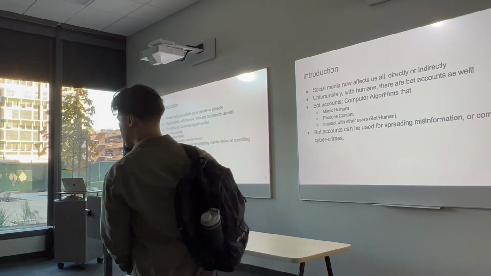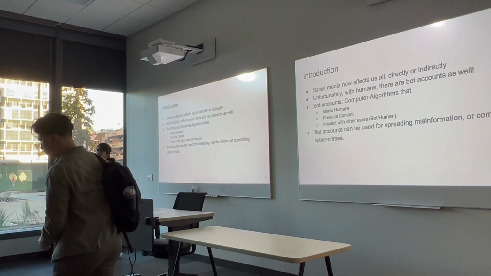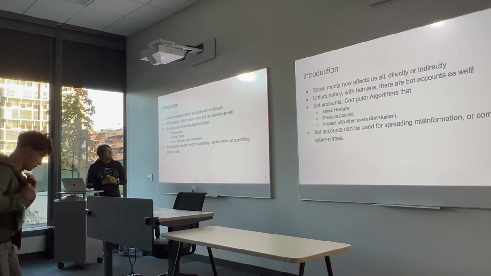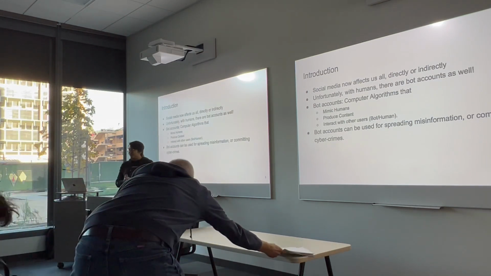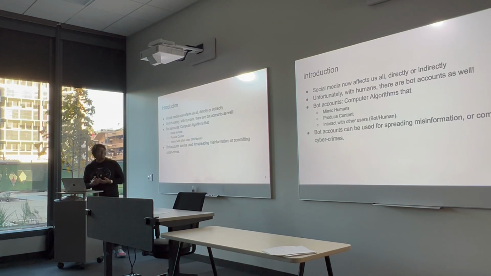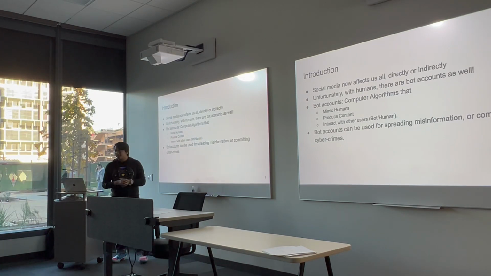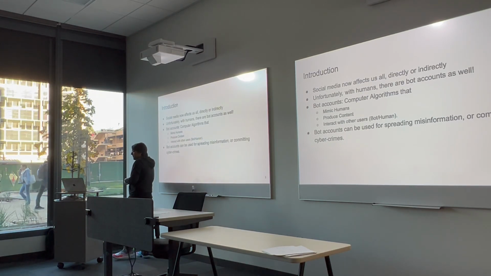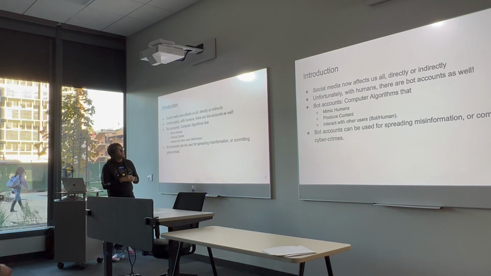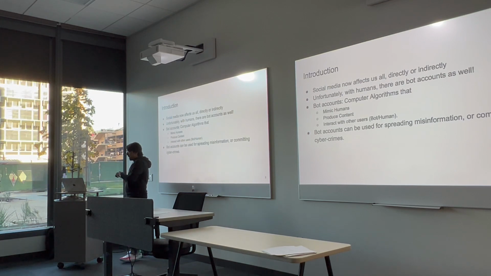So we can't deny that social media is now a part of our lives, whether we like it or not. Unfortunately, there's more than just humans on these social networks, and the slides might tell you they're actually bots or computer algorithms on the social network. And it is a problem.